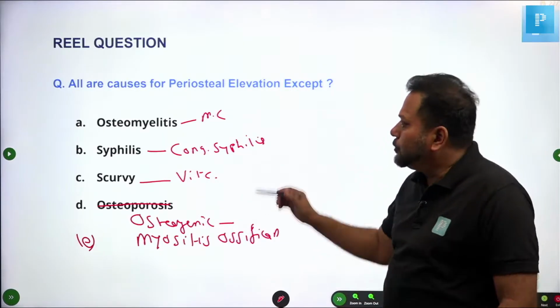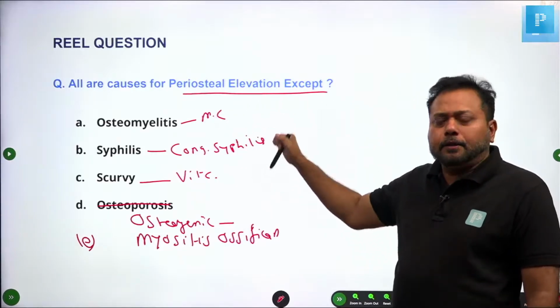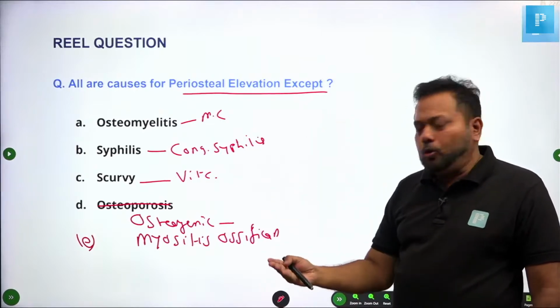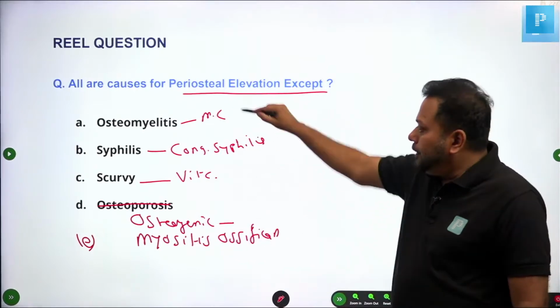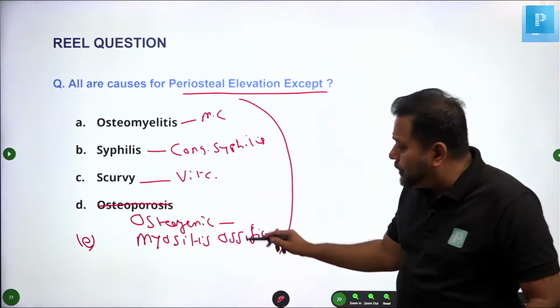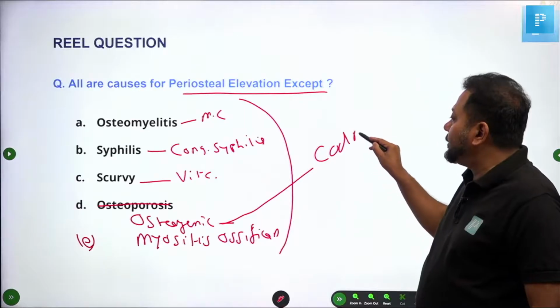Excellent, superb. So the causes for periosteal elevation are osteomyelitis, syphilis, scurvy, osteogenic sarcoma, and myositis ossificans. In all these, it is called periosteal elevation. When periosteal elevation is due to osteogenic sarcoma, this alone is called Codman's tumor.